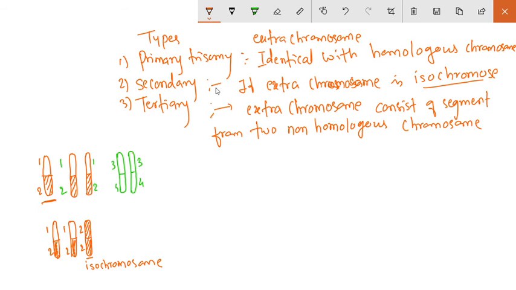Okay, so we will draw one figure here. Here it is one chromosome, and this is the second chromosome. So it has the two parts, 1 and 2, 1 and 2. These are the two homologous chromosomes.